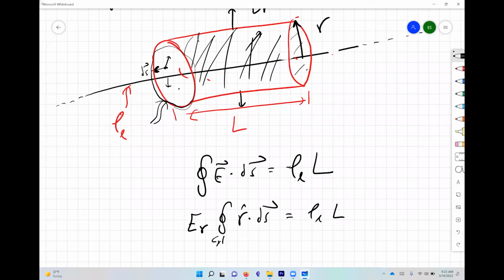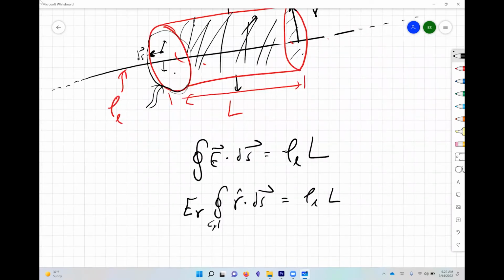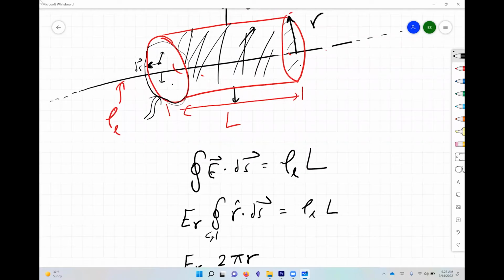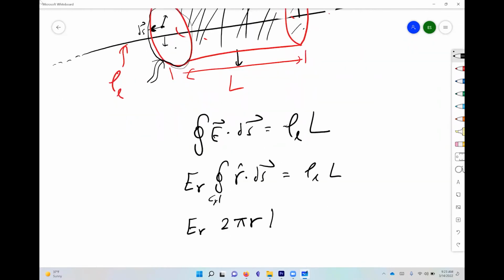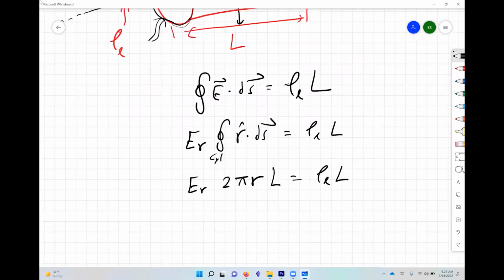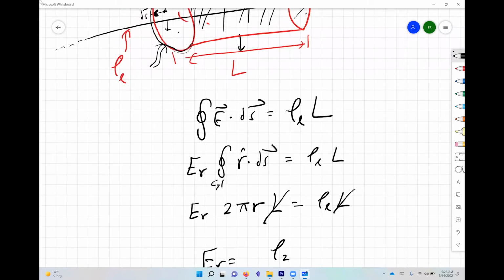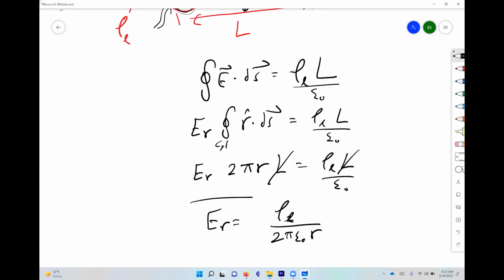So this is going to be 2 pi r, the circumference of the base of the cylinder, times L. Notice L cancels with L, and we end up with E_r equals rho L. Oh, I forgot the epsilon naught here. Rho L over 2 pi epsilon naught r.